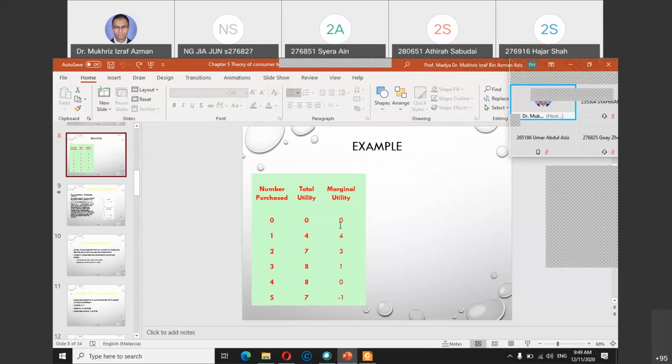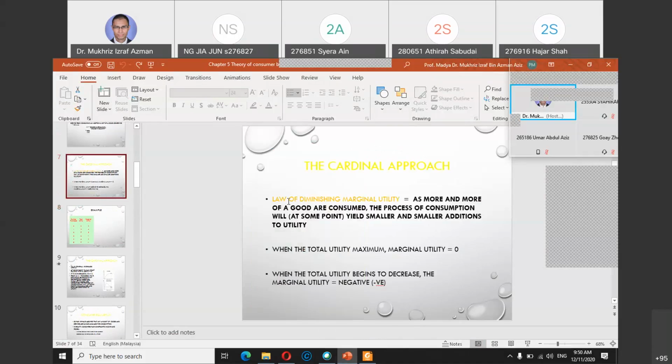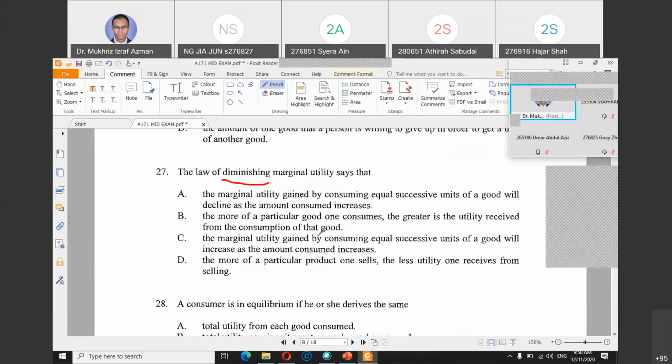From 0 you increase to 4, and then when you consume the second unit, it decreases to 3. This is what we term the law of diminishing marginal utility. The more and more you consume, the marginal utility will become smaller.